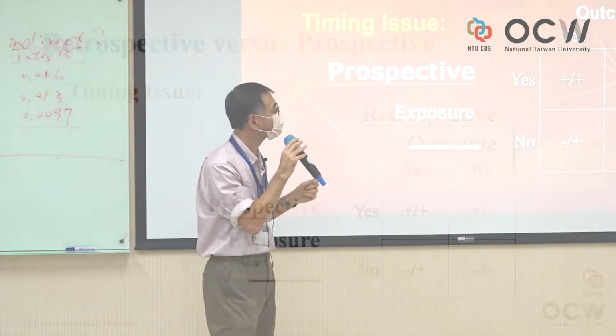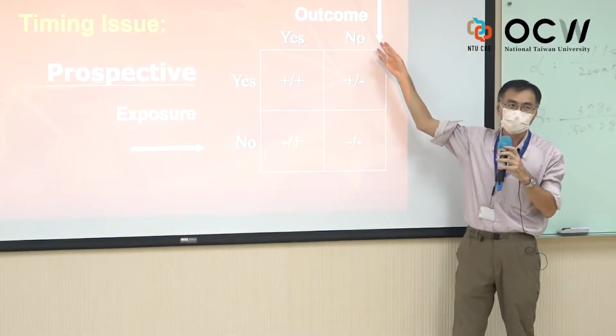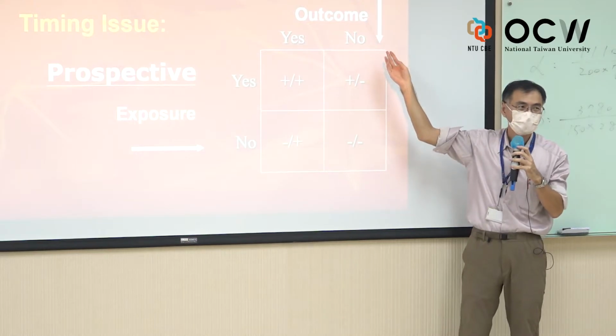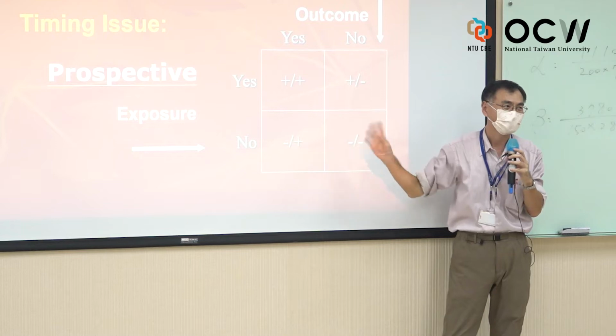Okay, but today, the idea is that we look at the data in the reverse way. We define the disease status in the very beginning of your study. So at a specific time point, you try to find a group of people with the disease compared to the ones without the specific disease. These people are so-called control. Some people say that the non-exposed one is also control, but it's kind of confusing.